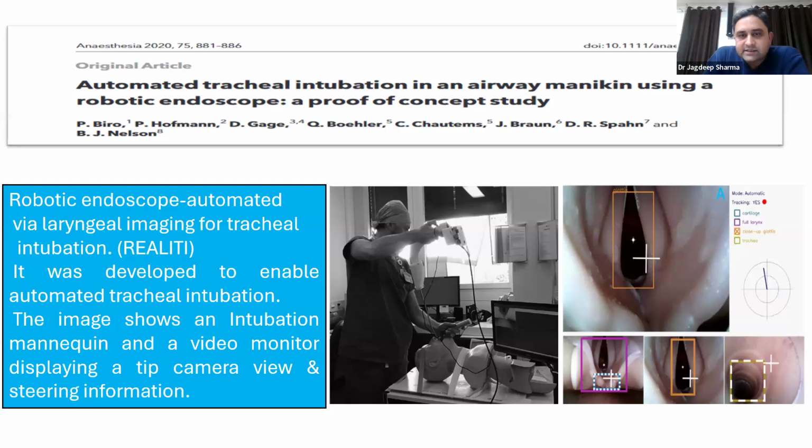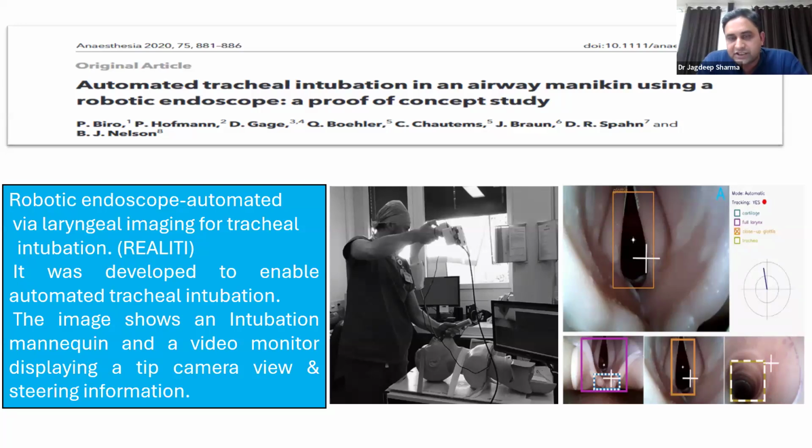So we can see in this image that the operator is holding a laryngoscope in the left hand, which they have used to open the airway, and in the right hand with the joystick they are using an endoscope. The end point of this study was only to measure whether that endoscope can reach the tracheal rings and in what time.